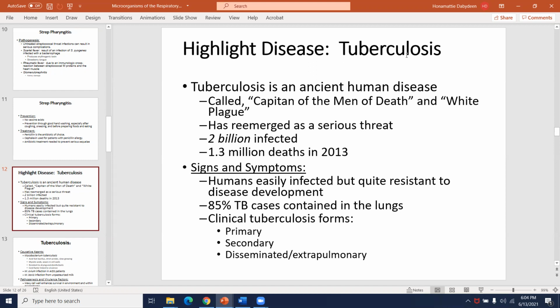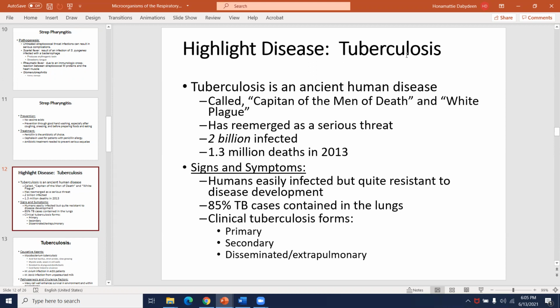Now, your immune system will mount a complex cell-mediated assault against the organism. And you end up with an influx of mononuclear cells in the lungs. And what happens is there is something called a tubercle that's formed. So this tubercle, there is a central core containing the TB organism in this enlarged macrophage.